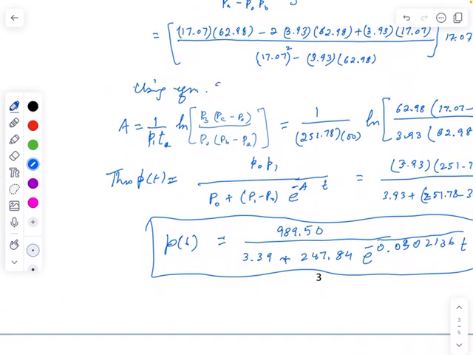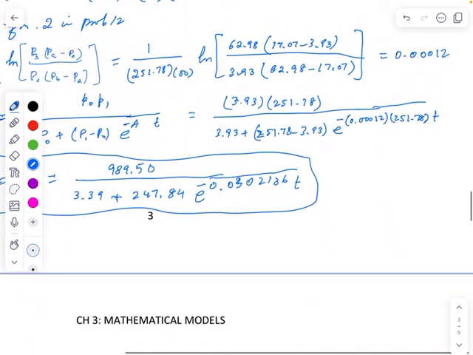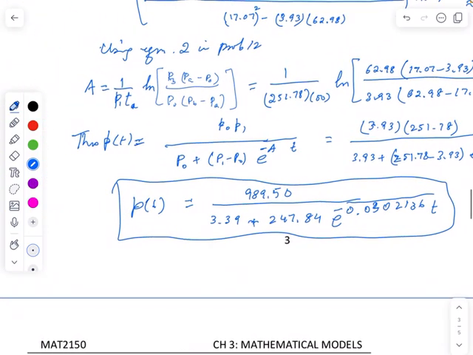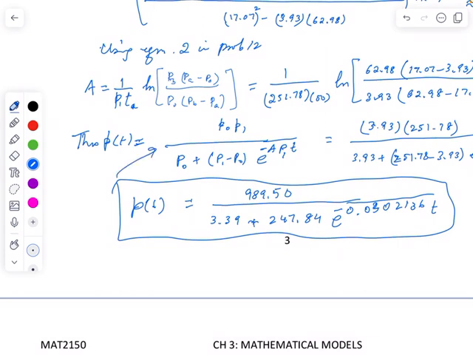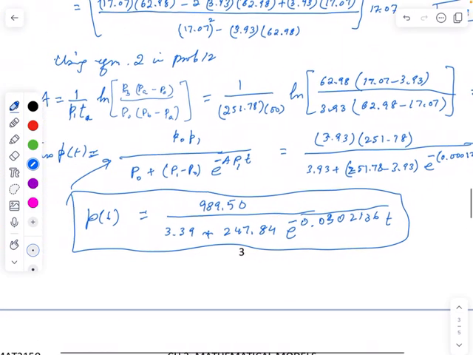And now, using the second equation, equation 2 in problem 12, we find A. Again, plugging in the values, we get A is equal to 0.00000012. Now we just plug it into the logistic model, which is here. Plugging in everything, we end up getting the logistic model looking like this.